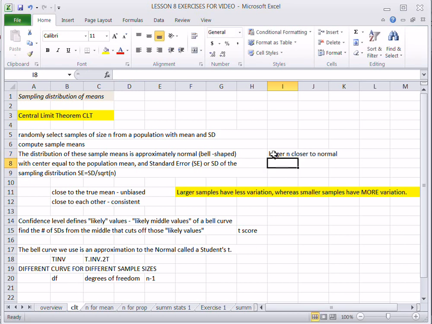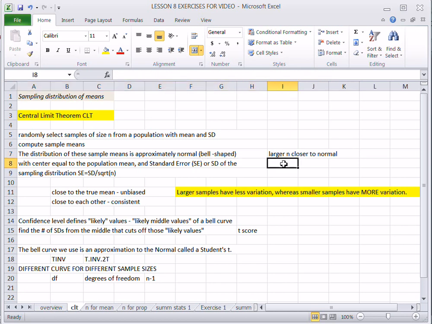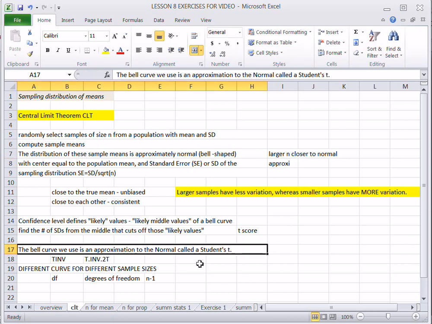So the larger the sample size n, the closer to the actual normal distribution, which follows a specific formula. Now if it's not exactly normal, doesn't follow that formula exactly, it can be approximated. It's approximately normal, and we approximate that with something called the student's t-distribution.